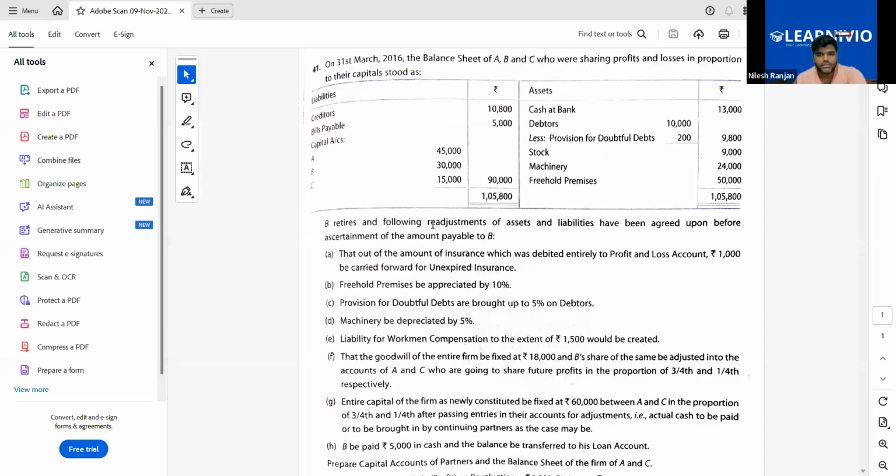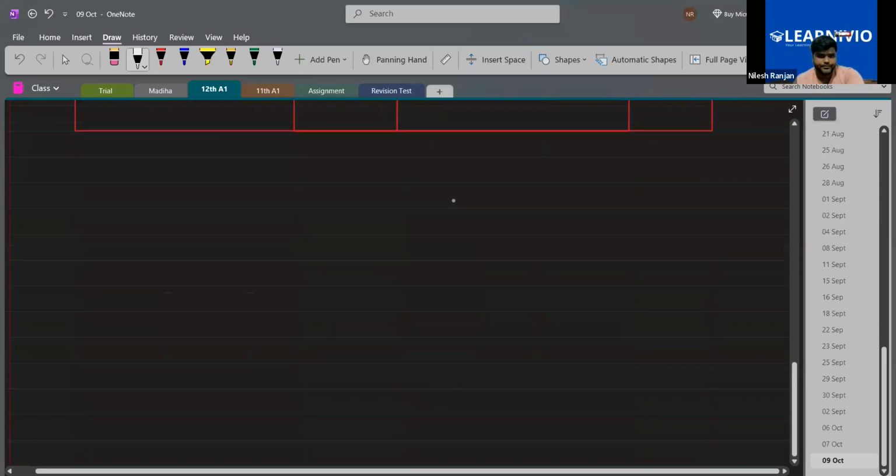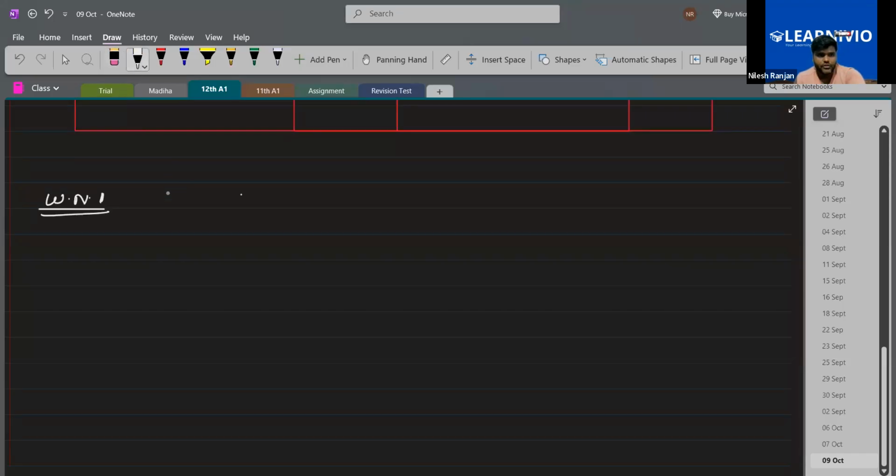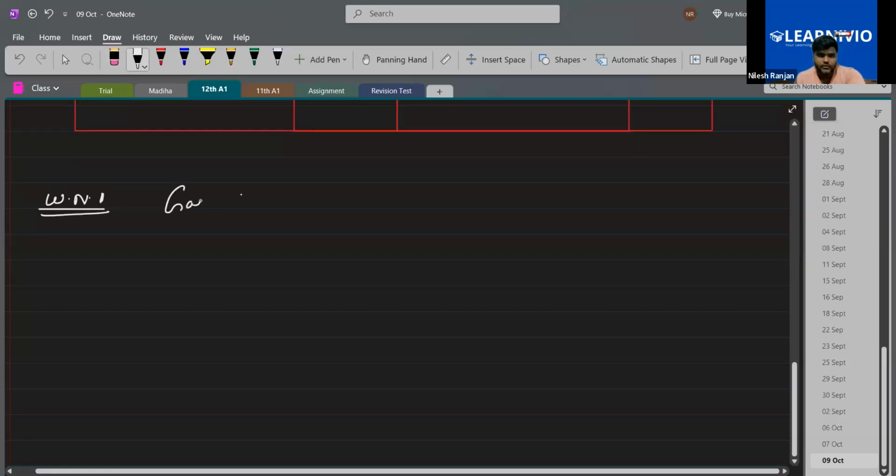Now we will discuss the working notes. First of all, the old ratio was 3:2:1. So the first working note: the new ratio is already given, so we will calculate the gaining ratio then.